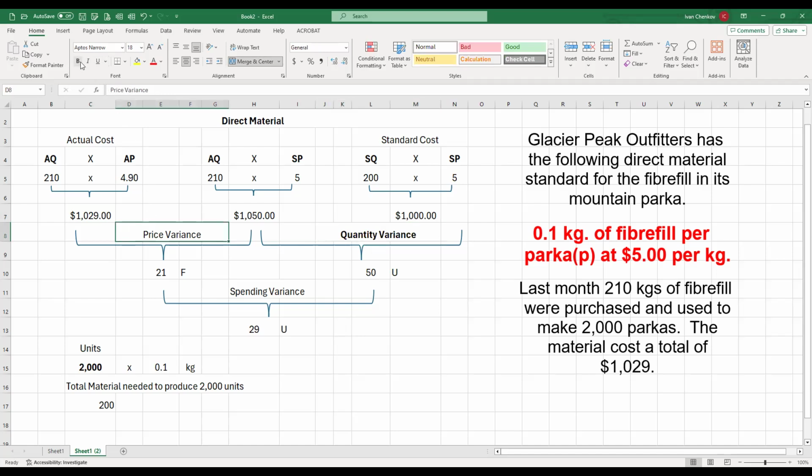For the price variance, the responsible person will be the purchasing manager. The purchasing manager is the one who purchased the materials. The production manager is the one who uses the materials in the process of preparing our product.